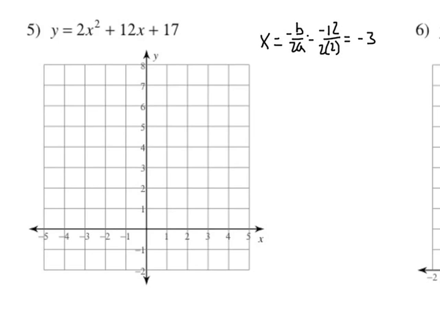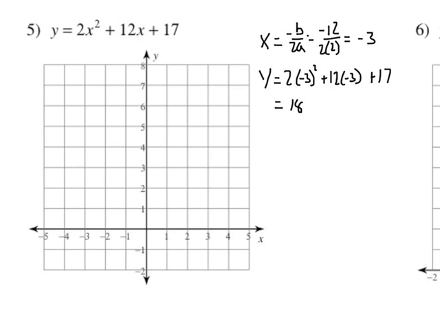We then want to find the y-coordinate of our vertex by plugging that back into the original equation. So 2 times (-3) squared plus 12 times -3 plus 17. What's -3 squared? 9. What's 9 times 2?